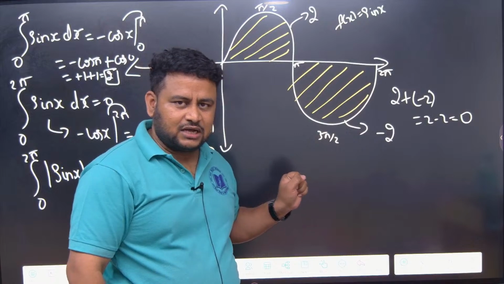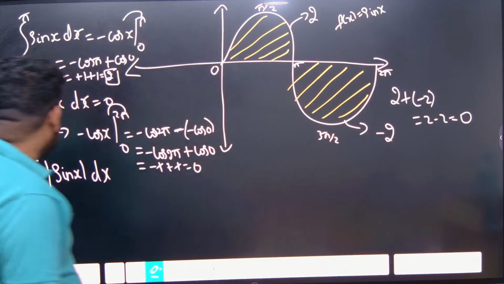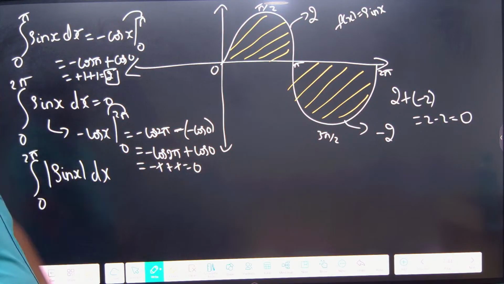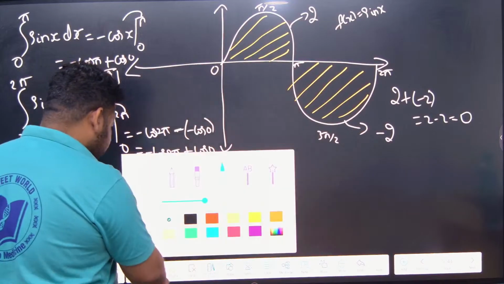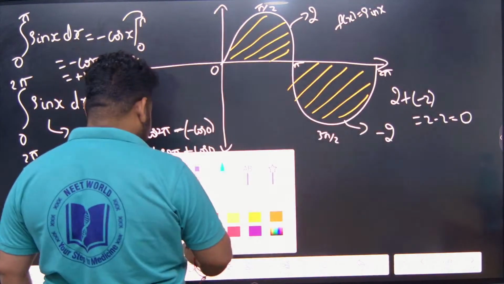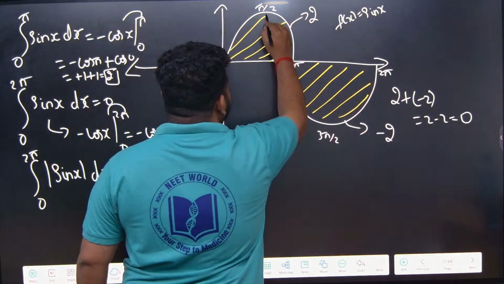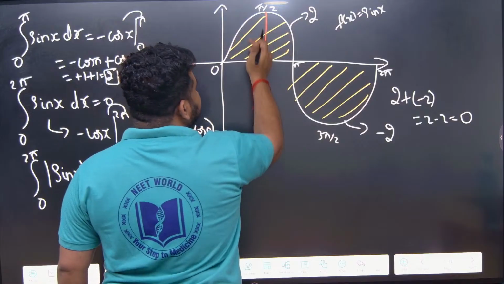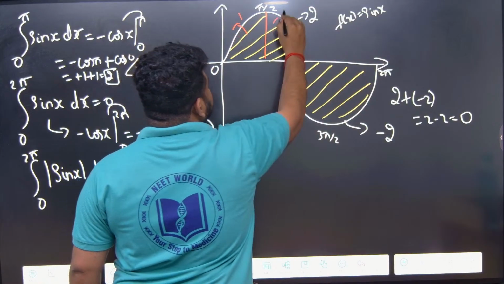Now one thing you must understand. If I am given 0 to pi by 2, the entire thing is 2, so half of it will be 1. So this value will be 1 and this value will be 1.